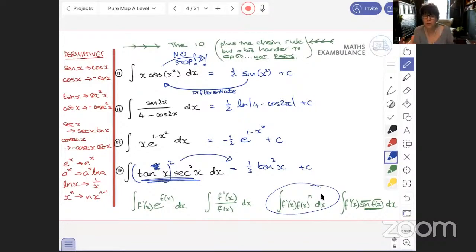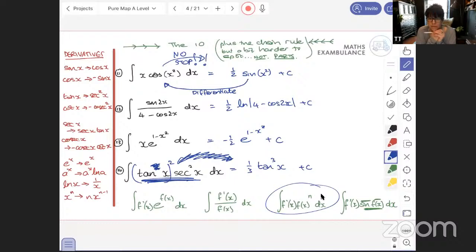And that's why I think you're confused, because you're looking at tan squared sec squared and thinking, what did you do to get from tan squared sec squared to a third tan cubed? I didn't do anything. That's not what I did at all. What I did was I looked at this and I thought, using all of my knowledge of differentiation and how the chain rule works, let me think: what could I differentiate and end up with tan squared sec squared?